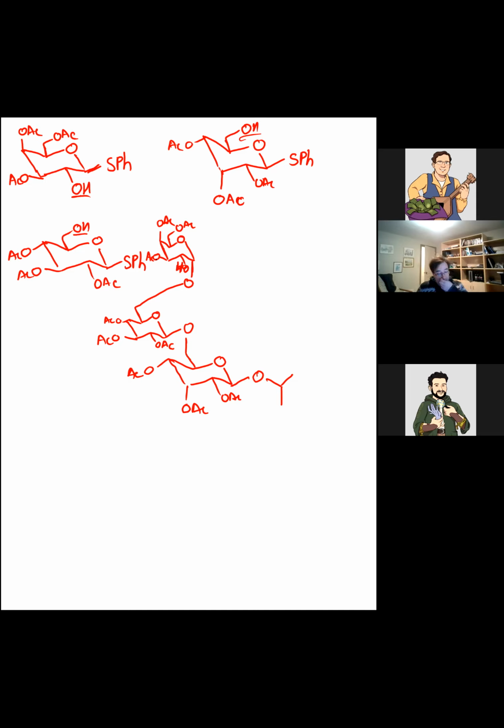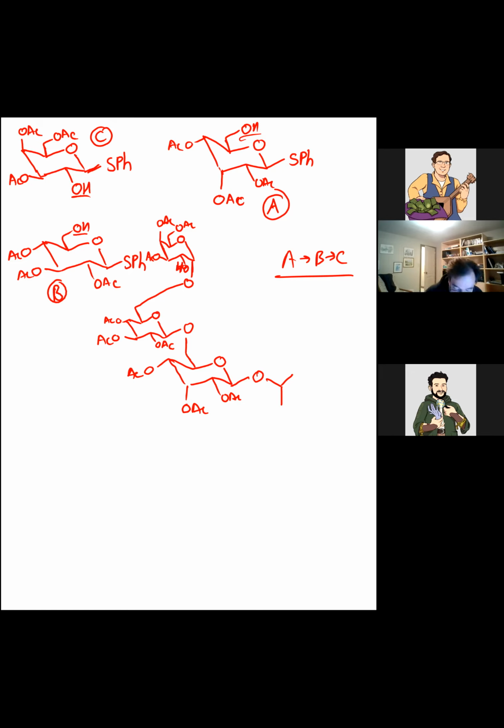So first of all, what we can take a look at and see what we need to do is we've reacted all the thiophenols, and we've attached A to B to C. And we can even label what the connection is.